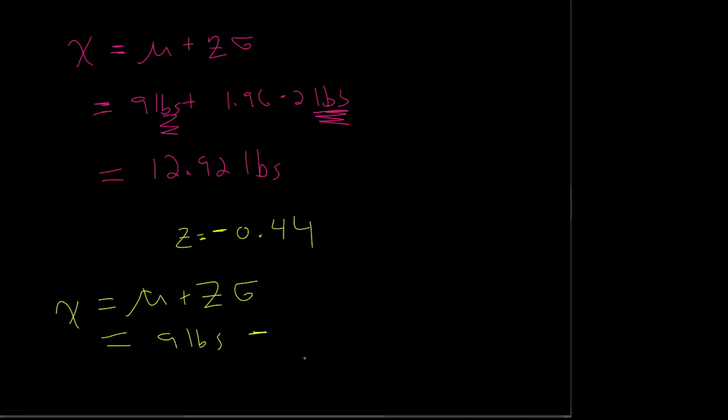We're going to change signs here because it's a negative, times 2 pounds. And we run to our calculator and we get 8.12 pounds. And so a cat with a z-score of negative 0.44 would be 8.12 pounds from the data this veterinarian did. And so that formula drives what we need to do.